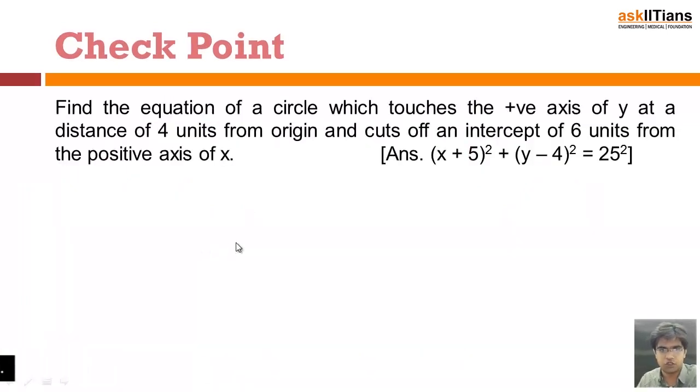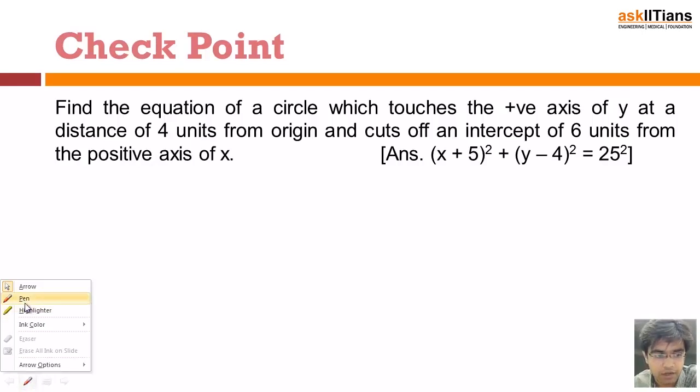Let's move to the next question. Now in this question we need to first read the question. The question says: find the equation of a circle which touches the positive axis of y at a distance 4 units from origin and cuts off an intercept of 6 units from positive axis of x. Let's first draw the figure.